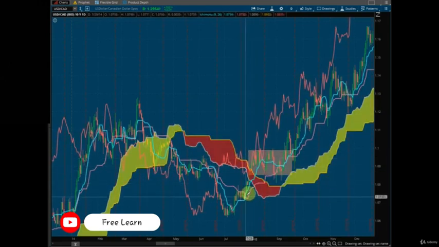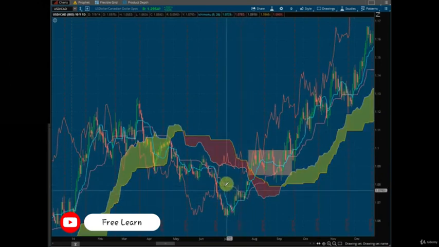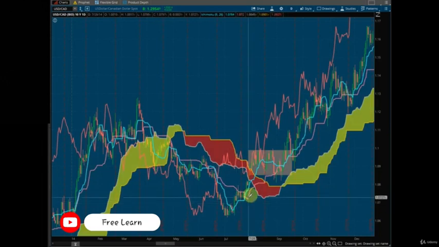And then we have the Tenkan-sen crossing from the bottom of the Kijun-sen over to the top of the Kijun-sen to show that we are now in an uptrend.